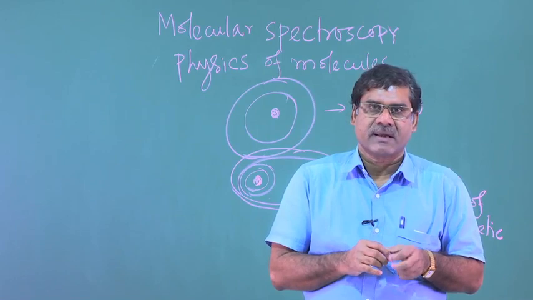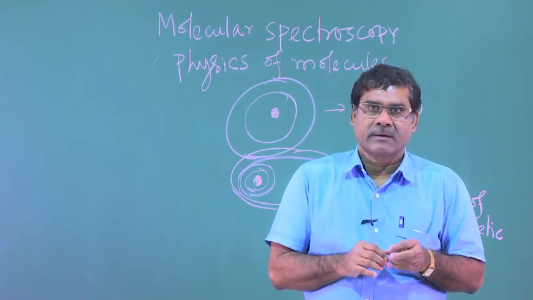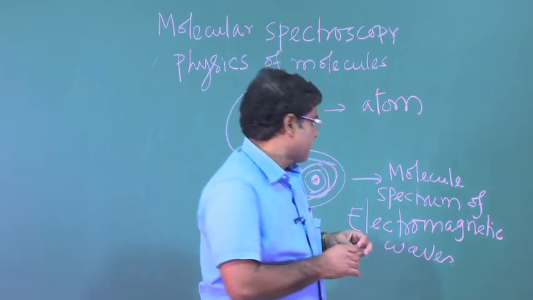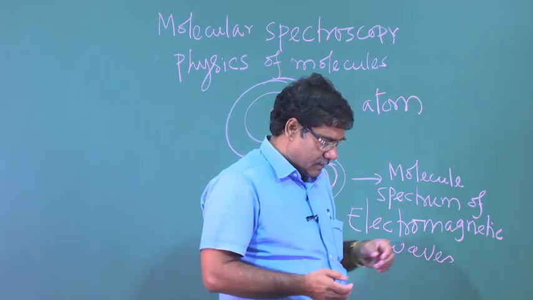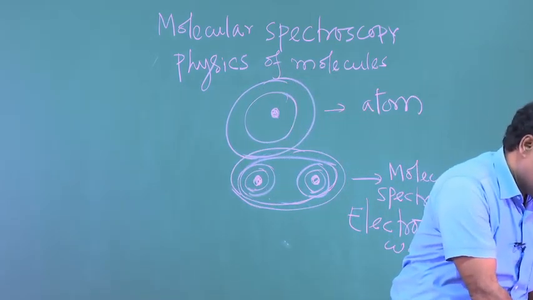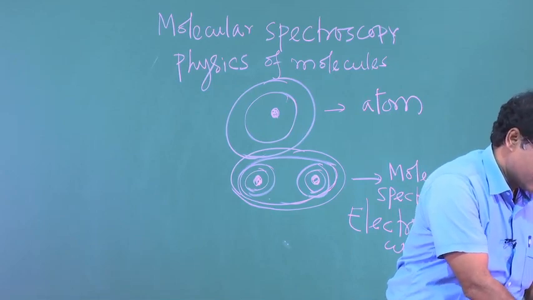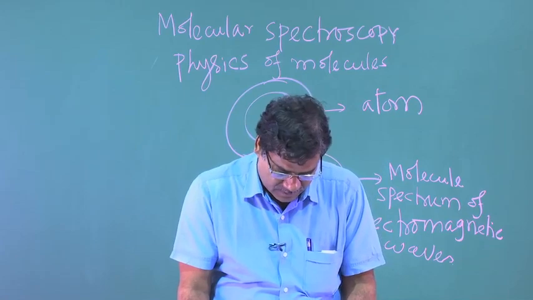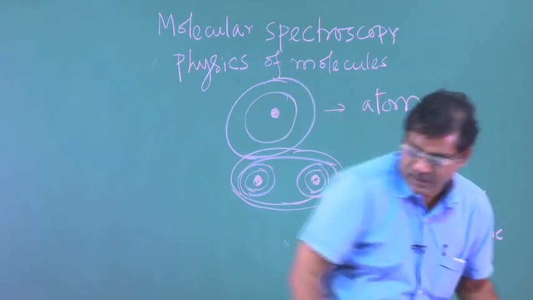So, that is basically called the spectra or spectrum. So, in case of electromagnetic waves, what is the spatial distribution of electromagnetic waves, that I will show you.